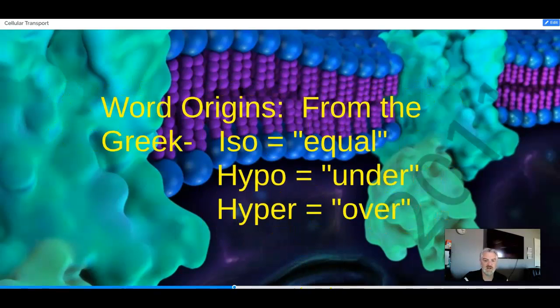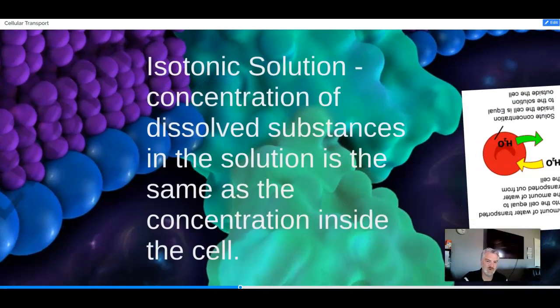The first one we're going to talk about is an isotonic solution. We're talking about the solution that would surround a cell.